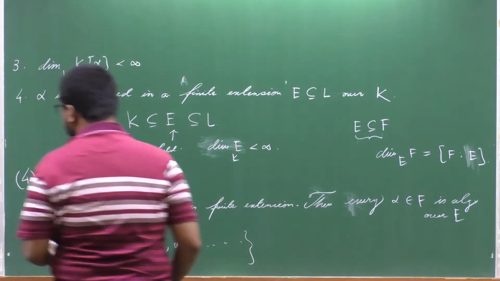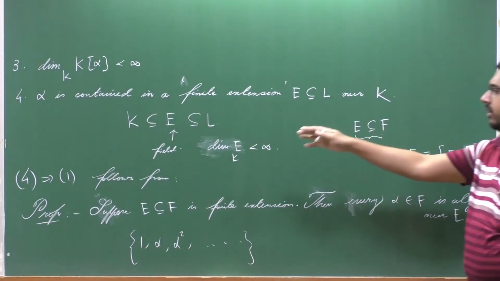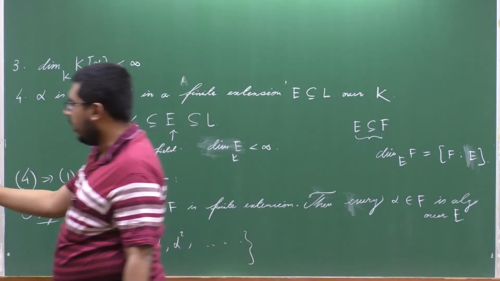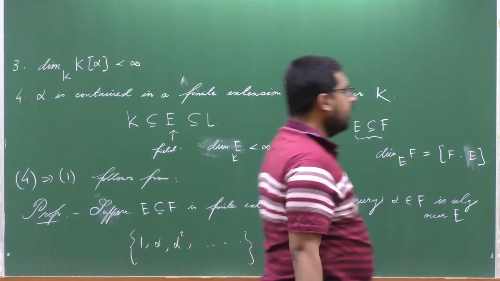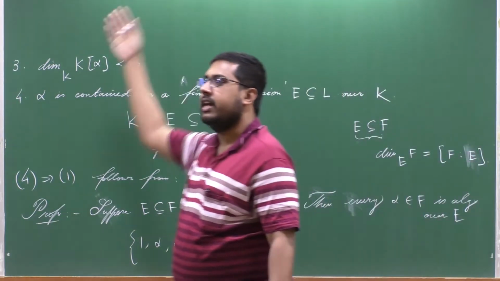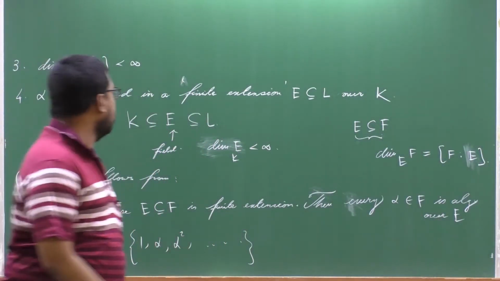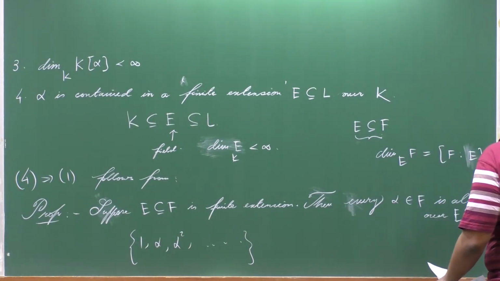Since we have these analogous equivalent statements for field extensions, it is reasonable to expect the analogues of the consequences of such statements from integral dependence as well. That is exactly the scenario here.